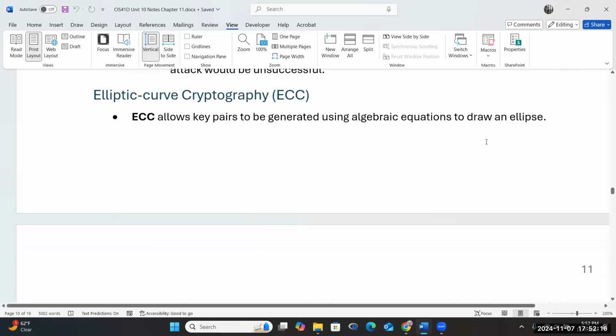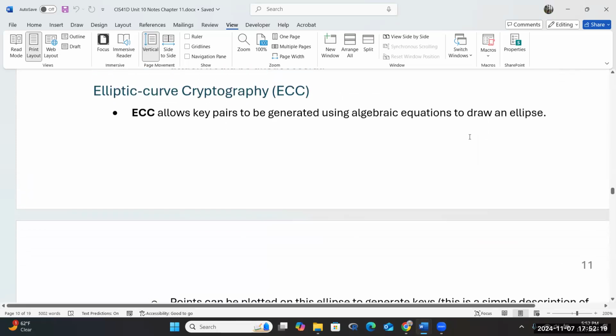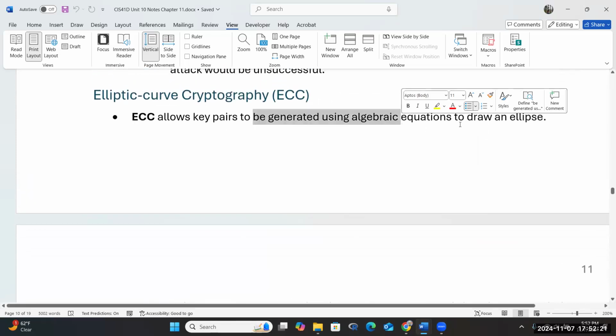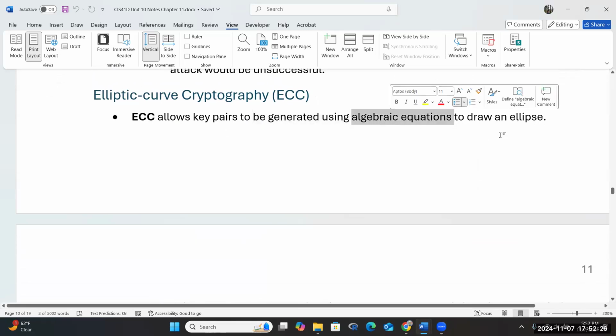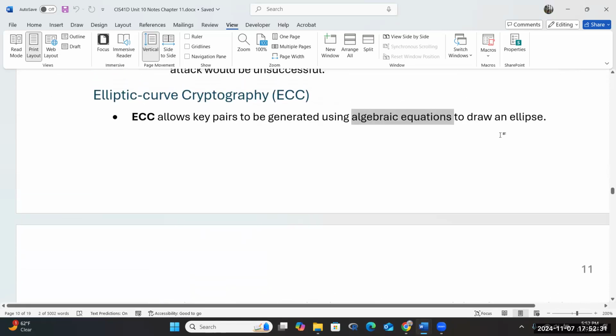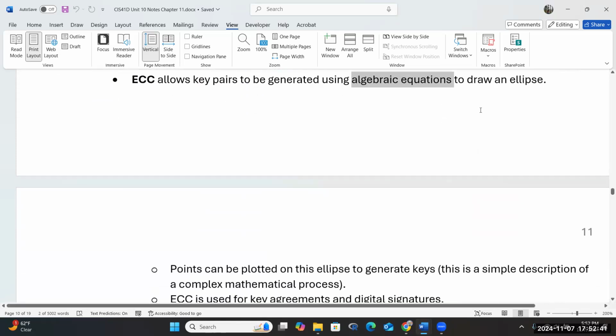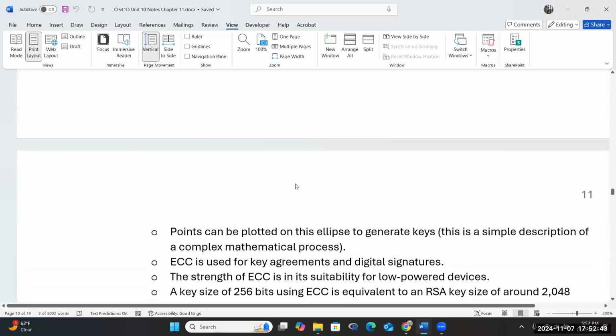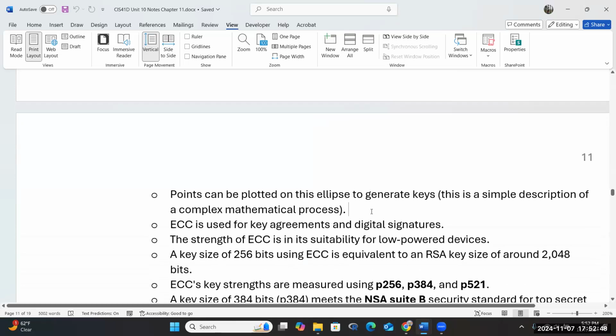And then your elliptic curve cryptography, your ECC, this uses key pairs and it uses algebraic equations, so mathematical implementation in the algorithm. They all do, but some of them use random generation for the values with the key. But this one uses algebraic equations to create an ellipse and then plots the points to generate the keys using mathematical processes, right?